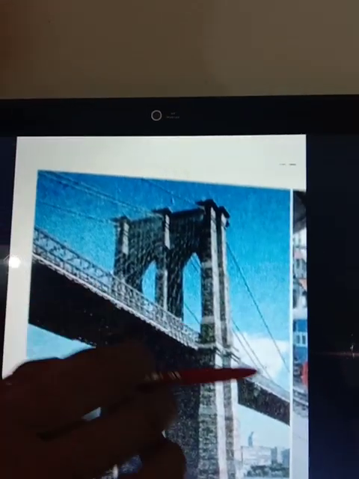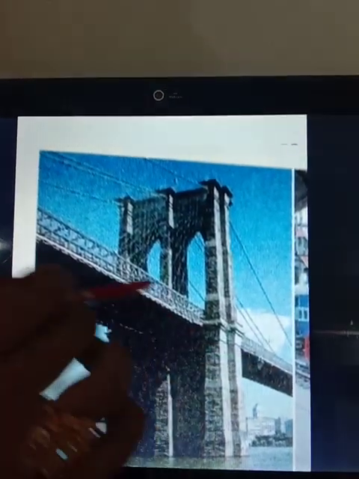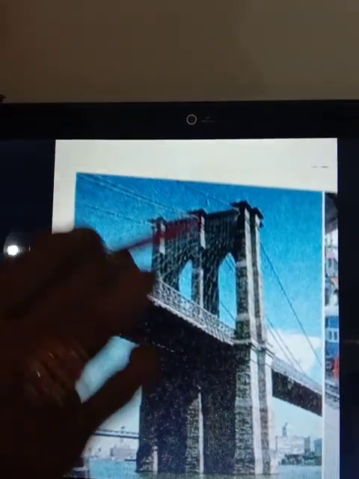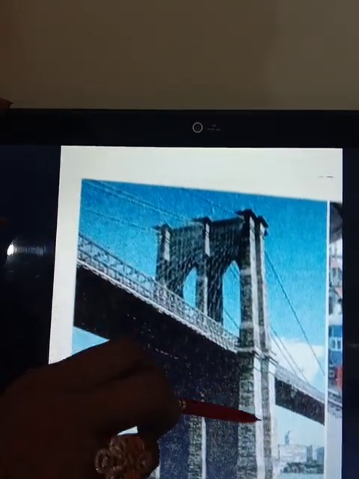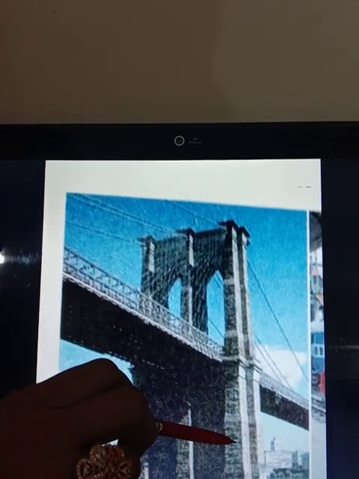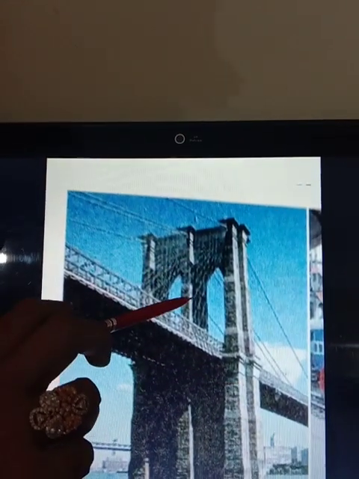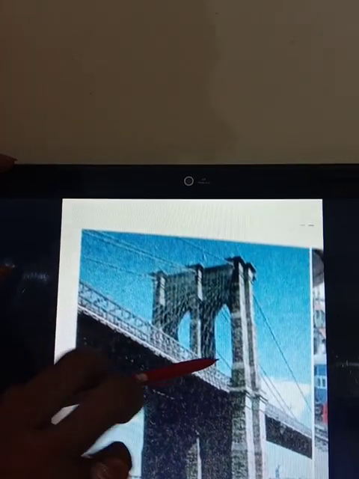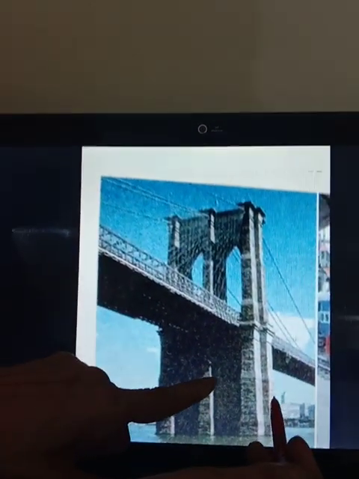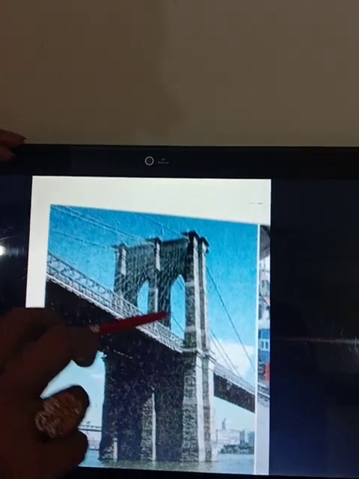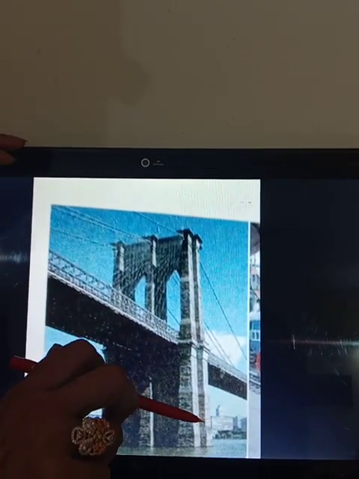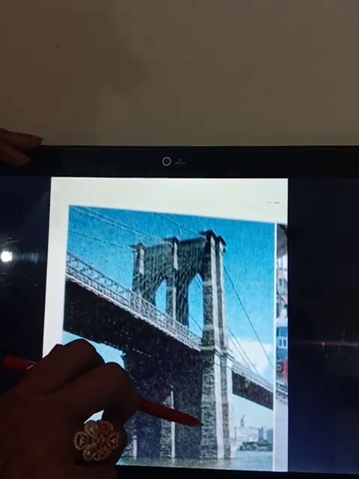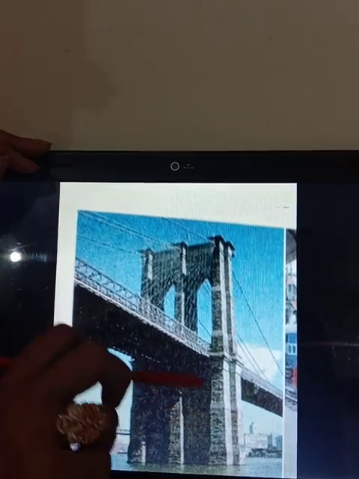All the vehicles moving on this bridge put their weight on these pillars. So due to that weight, pressure is decreased by making these thicker pillars so that the bridge may not sink under the heavy weight of the vehicles.